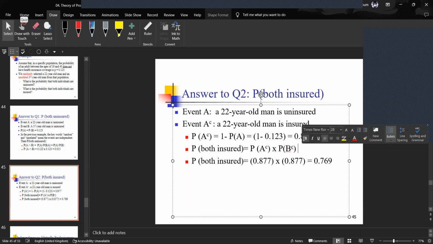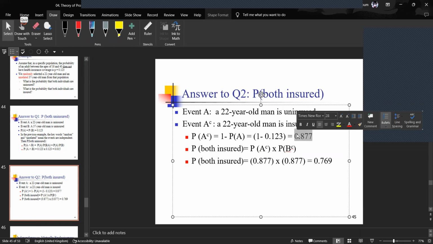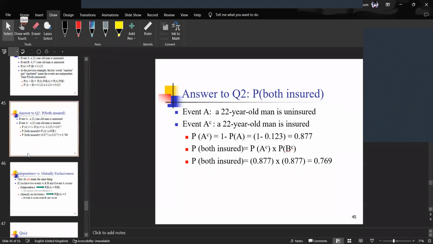You just multiply these two numbers together. So 0.877, which is the probability for A, and 0.877 for person B would give you 0.769.